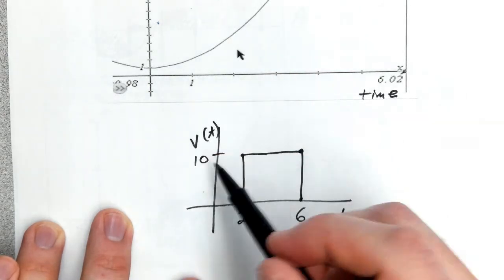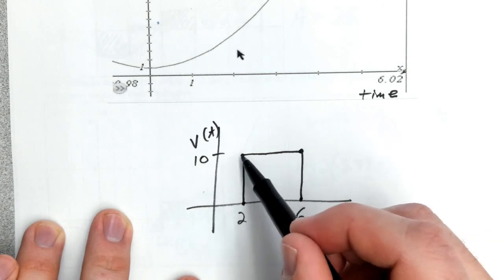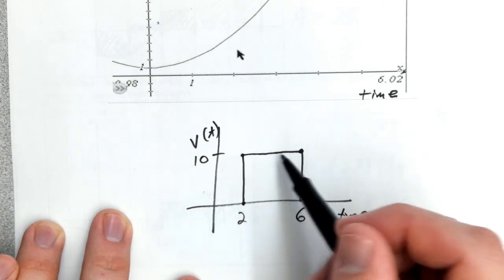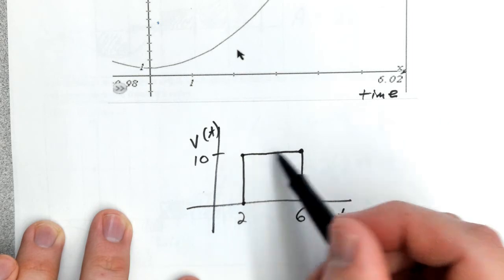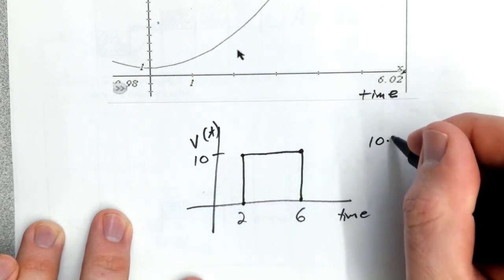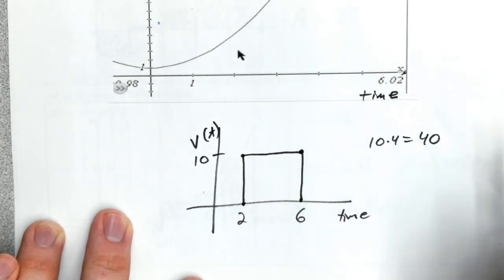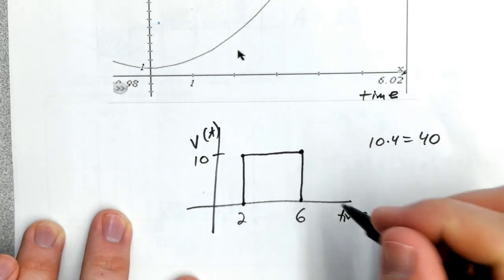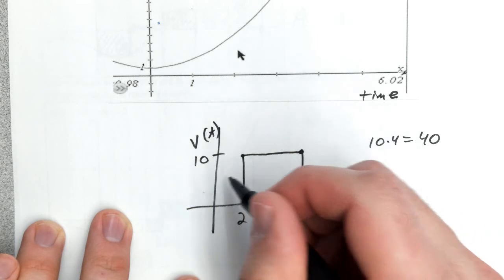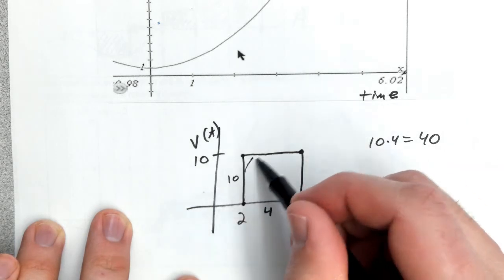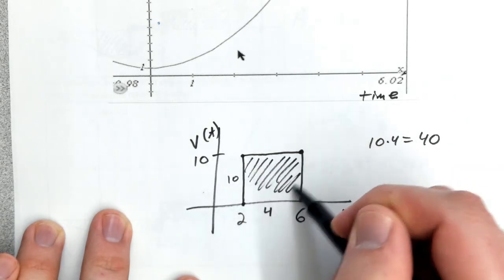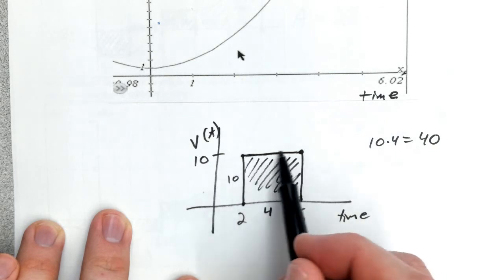So this object goes 10 meters per second for 4 seconds. So how far did it go? You'd be like, oh, it's just 10 times 4. It went 40 meters in that case, right? Well, that is the same as the area underneath of that very simple velocity curve, which is just a line.